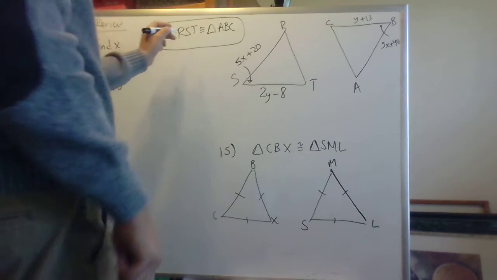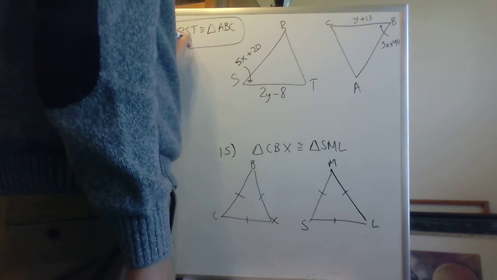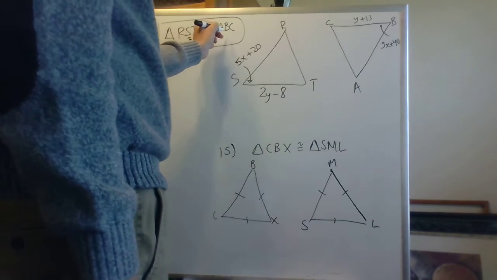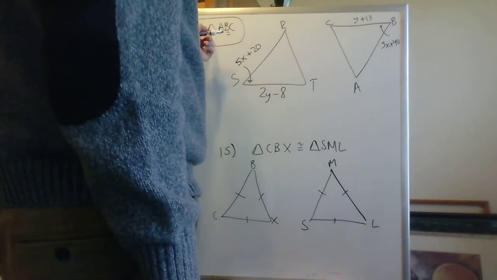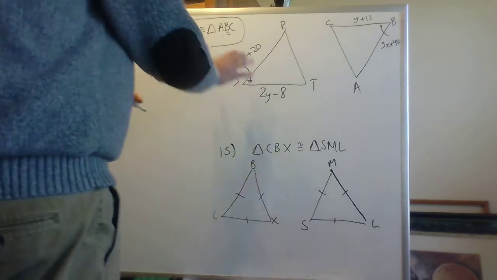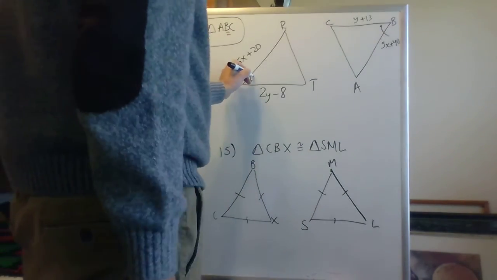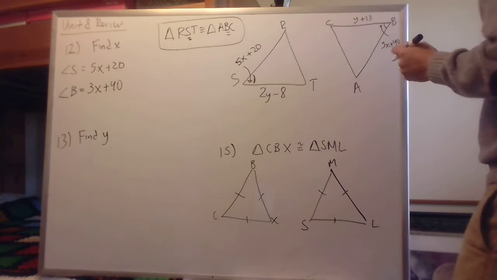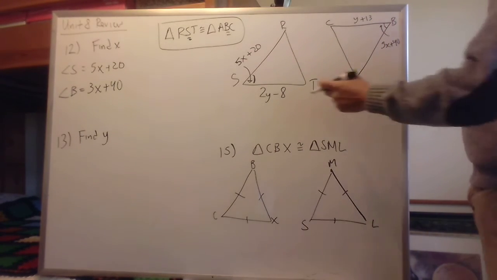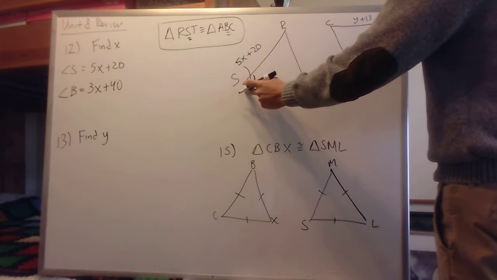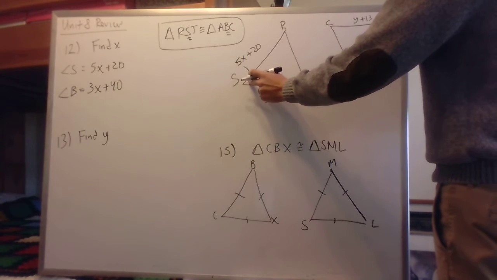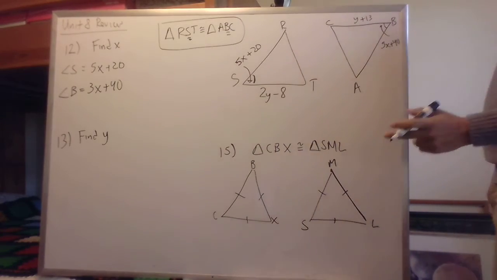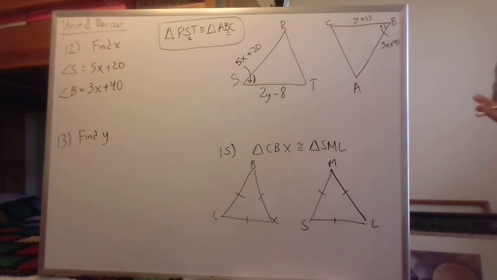If you look, angle S is the second letter of triangle RST, and angle B is the second letter in triangle ABC. So angle S and angle B are congruent to one another, and they're corresponding in the different triangles. So that means we can set them equal to each other.